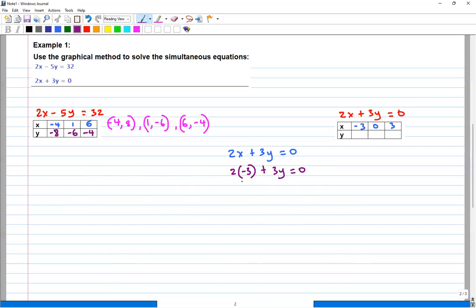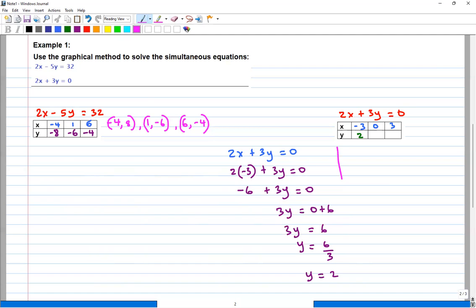So 2 times minus 3, that will be minus 6, plus 3y is equal to 0. Now this minus 6 will go this side, so that we have 3y is equal to 0 plus 6. So 0 plus 6 is the same as 6. So y is 6 divided by 3, and that is 2. So this means that when x is minus 3, y is 2. So let's write 2 here.